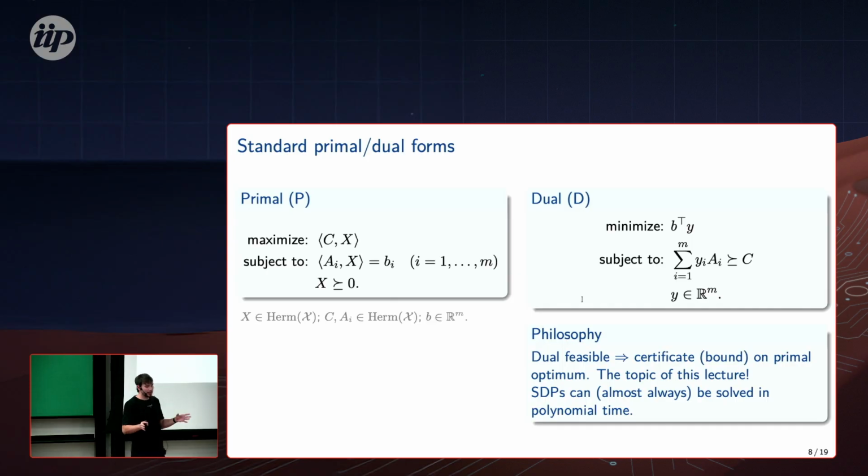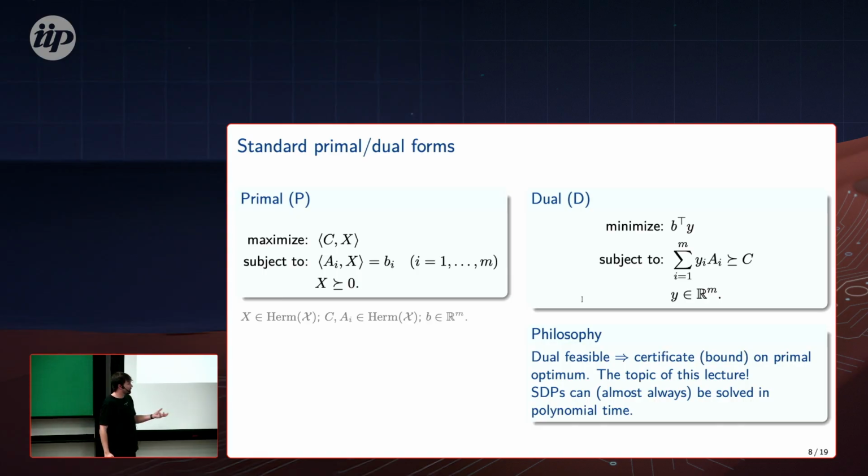And what is very nice, and the topic of this lecture, is that under some mild conditions we'll discuss later, the value of this optimization problem is the same as the value of this optimization problem, and any feasible point of one problem gives you a bound on the value of the other. So this is a very rich and nice theory that connects these two, which we're going to discuss soon.